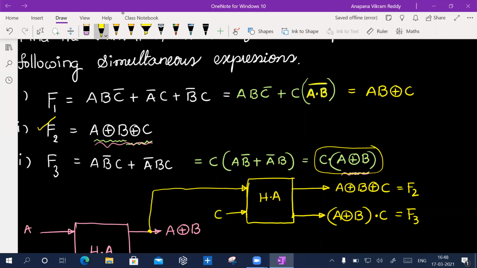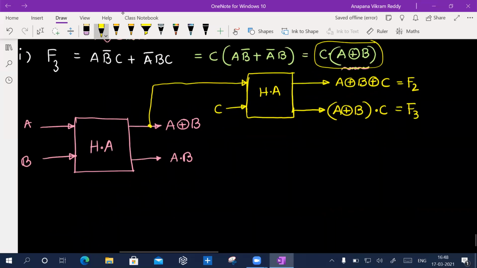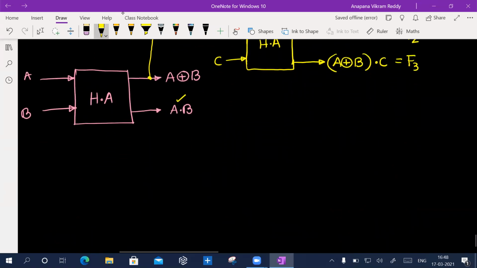That means you can treat this one as some X. Now what do you have? X C complement or C X complement is equal to what here? X exclusive or C. Where X equal to what? AB exclusive or C. See, because already I have AB here. So my life is done.